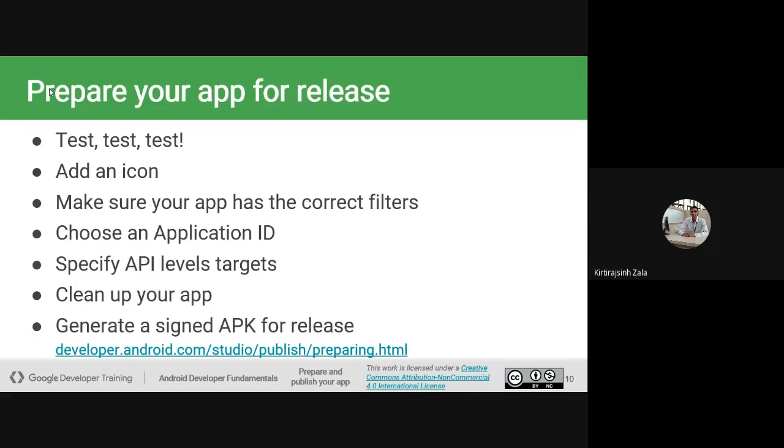But suppose you target API level 22 or API level 23, then it supports the maximum number of Android operating systems installed on devices. If you develop an application which supports Android API level 22, that is Lollipop, then automatically it will also support higher versions like Marshmallow, Nougat, Oreo, Pie. Okay, so you need to choose or specify the API level target.